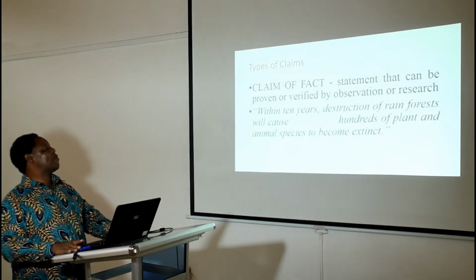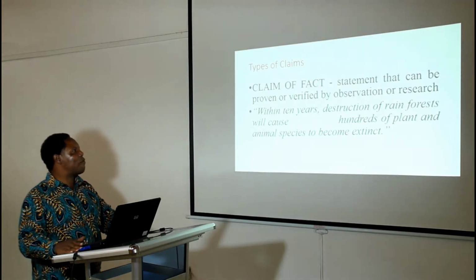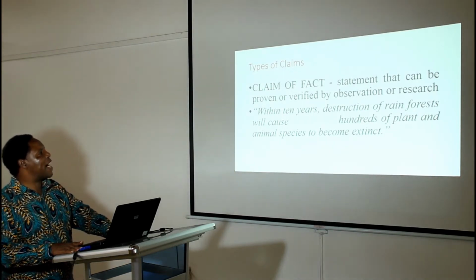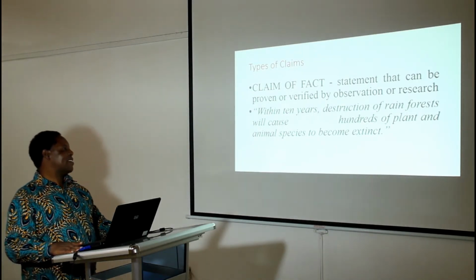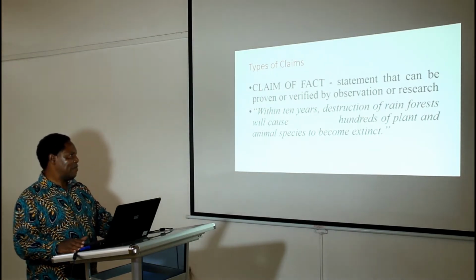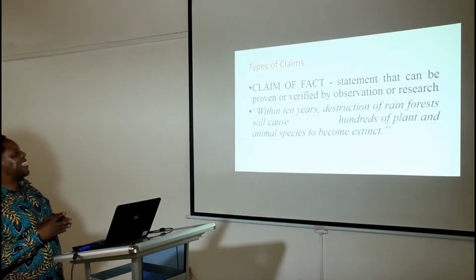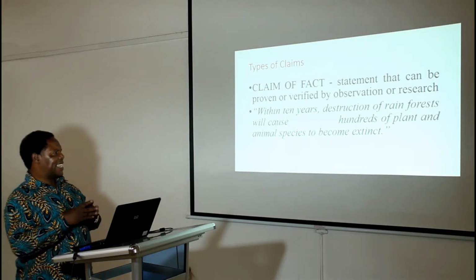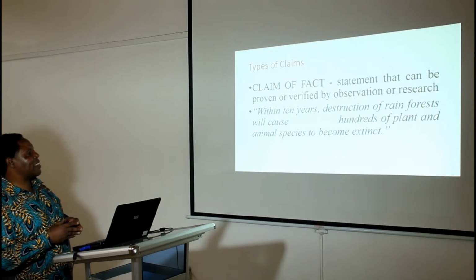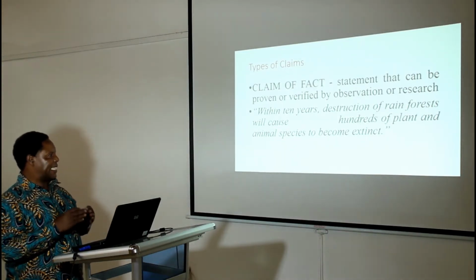And then we have types of claims. Number one is claim of fact. A statement that can be proven or verified by observation or research. For example, you can say within 10 years, destruction of rainforests will cause hundreds of plant and animal species to become extinct.